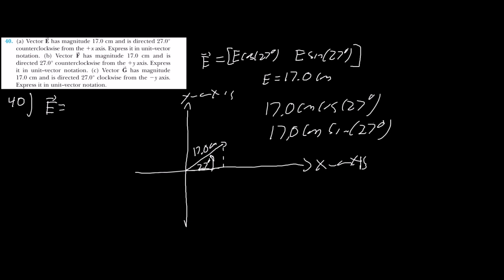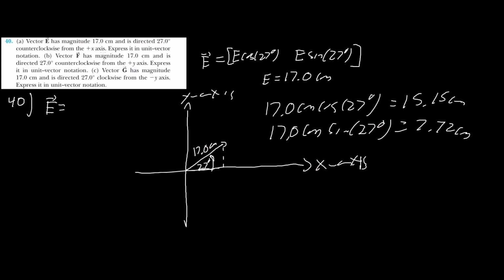I'm going to put this in the calculator. So 17.0 sine of 27 degrees. So this is 15.15 centimeters, and this is going to be 7.72 centimeters.